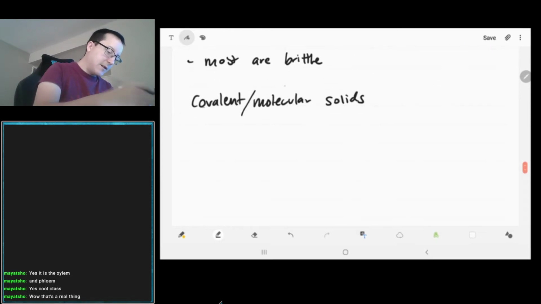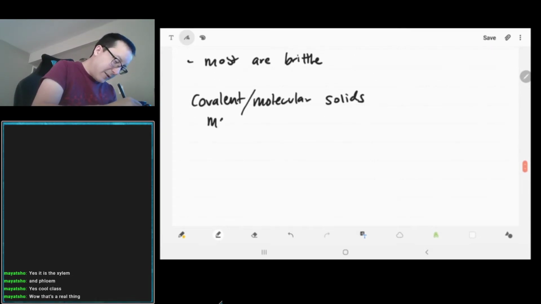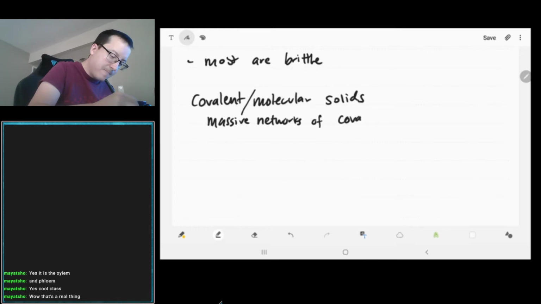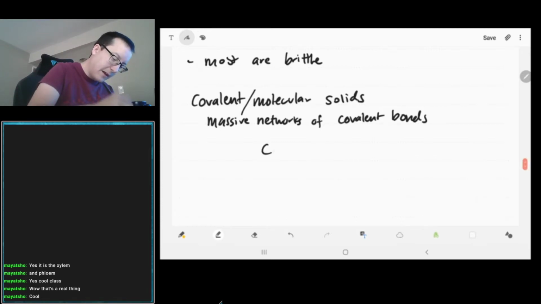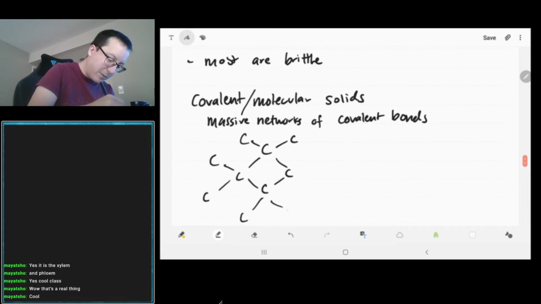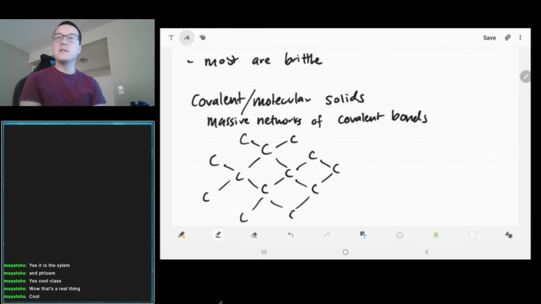So these ones are just like massive networks of covalent bonds. So something like diamond just looks like you have this kind of repeating, just carbons connected to each other.